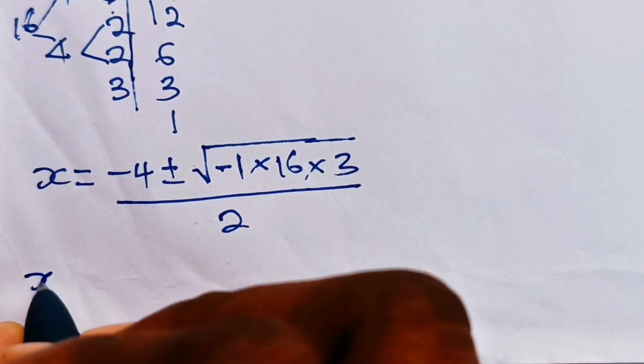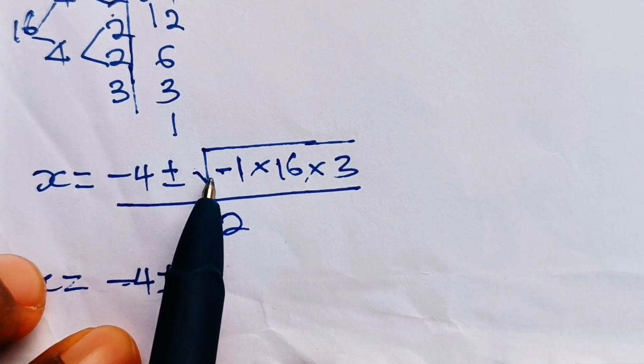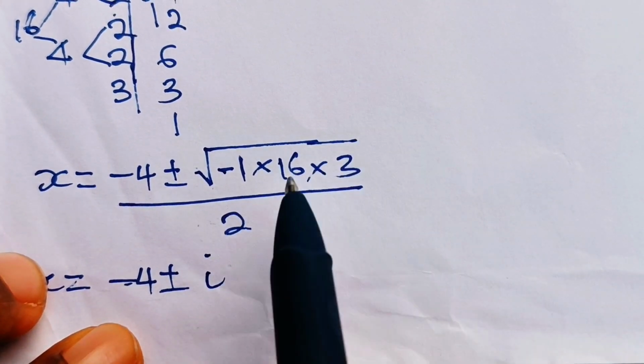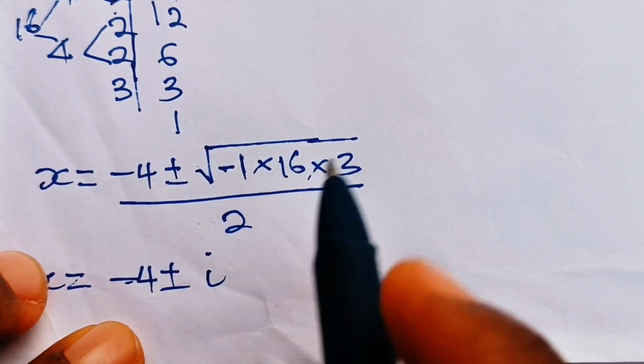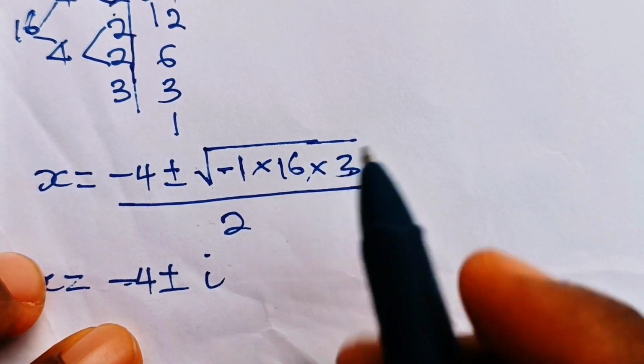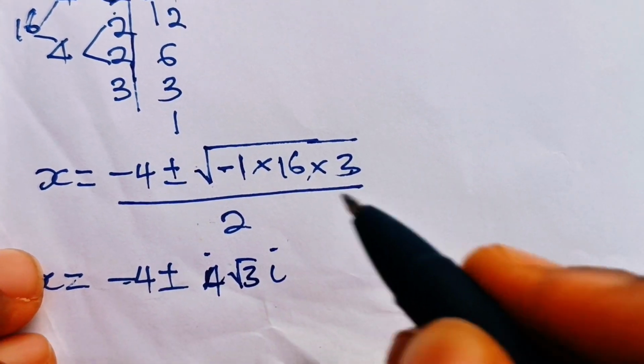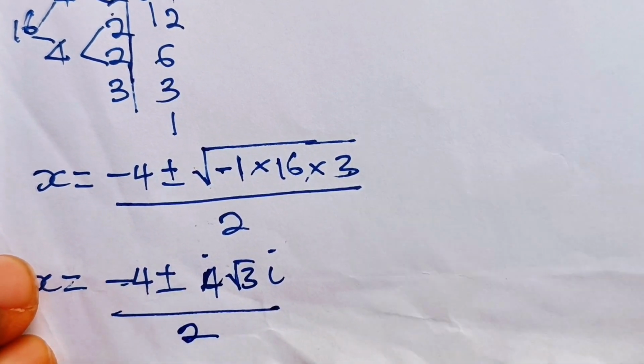So we can say that x is equal to minus 4 plus or minus, now, square root of minus 1 is i. Square root of 16 is 4. And square root of 3 will be square root of 3. So it's going to be 4 root 3i, right? Divided by 2. All right, let's continue.